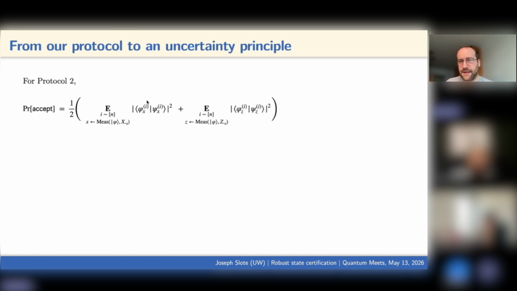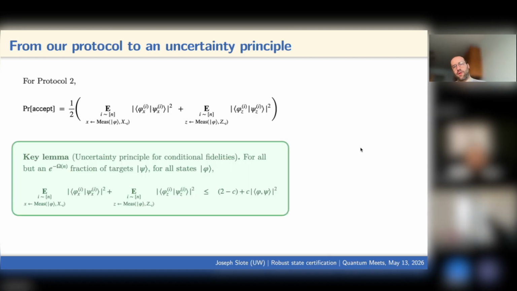It's a pure state instead of rho. That reduction is kind of routine. And then this just means the post-measurement state on psi after measuring phi on all qubits except for I. It's exactly the protocol.